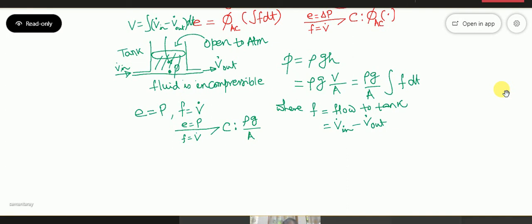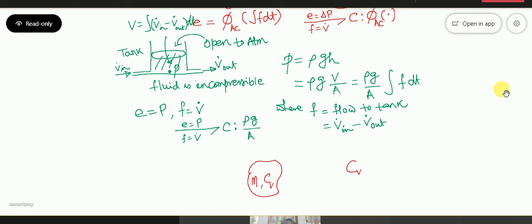So that is for open tank. Let's go to the last example of this C element. Let's say we have some kind of a mass M. Cb is its specific heat.